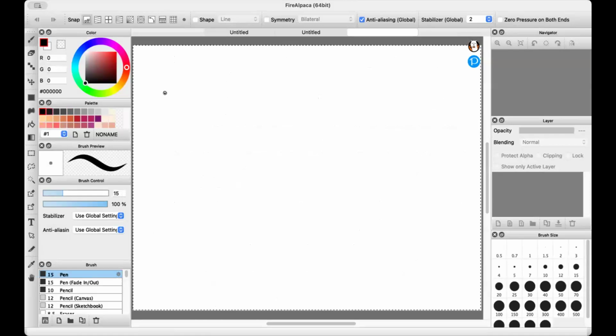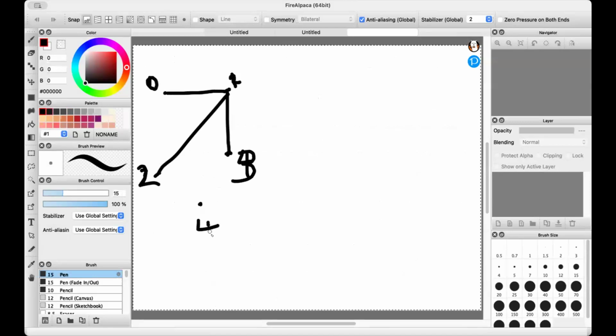So let's say I have an undirected graph with, I'll call this 1, 2, 3, 4. Or actually, I'll start from 0. 0, 1, 2, 3, 4.